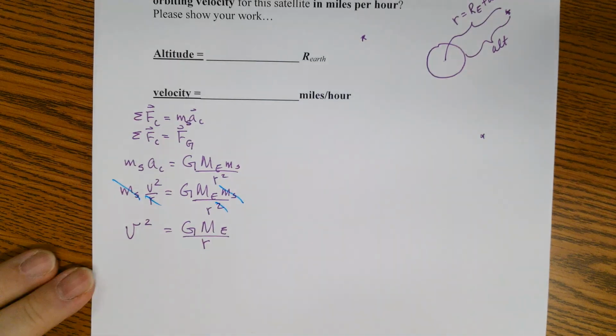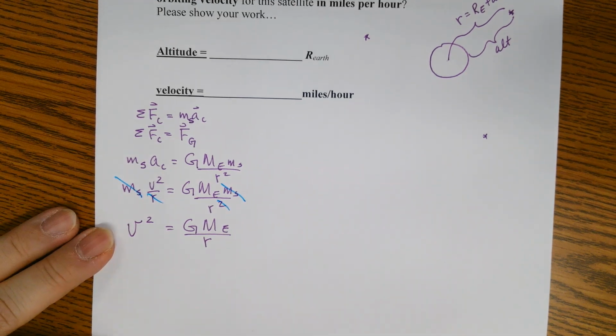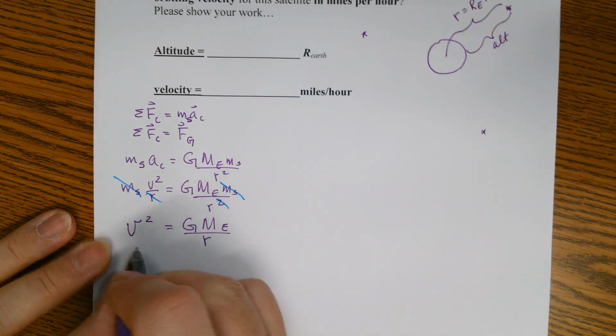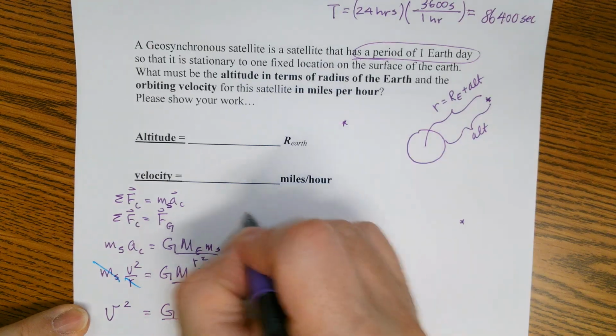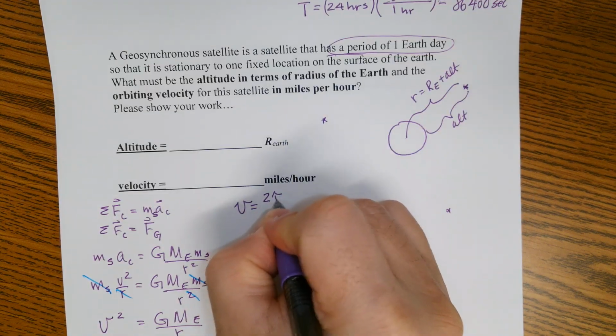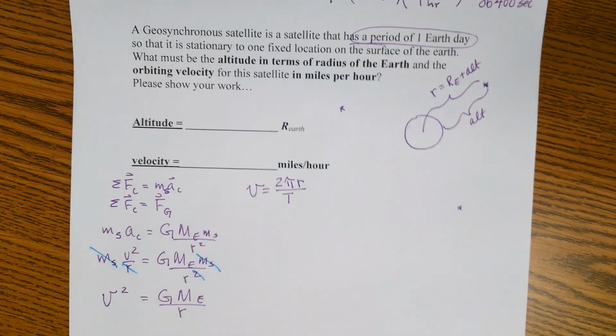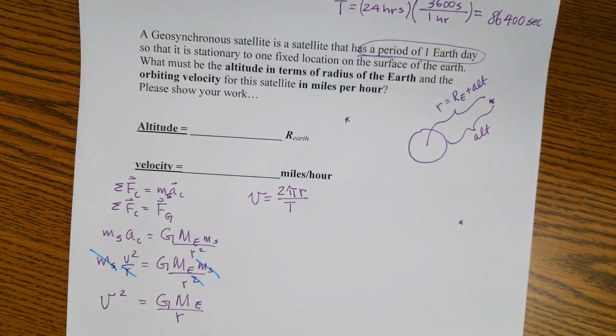Now, here's the tricky part. V has to be 2 pi r over the period T. Does that make sense? Right?